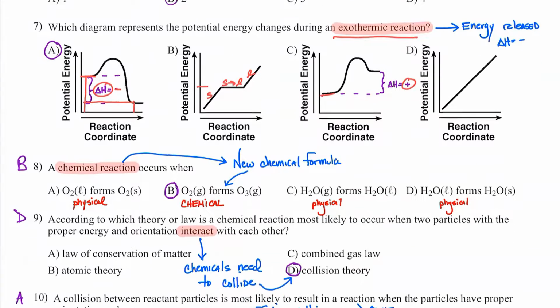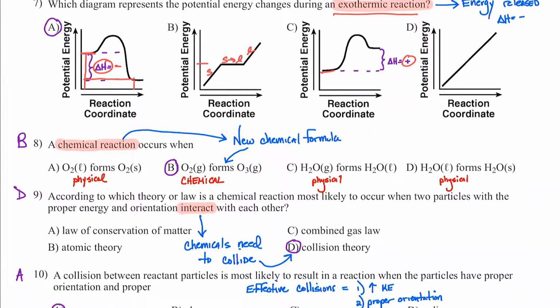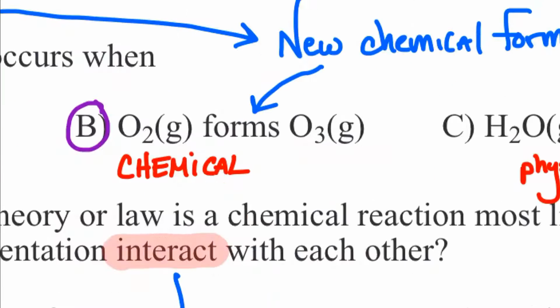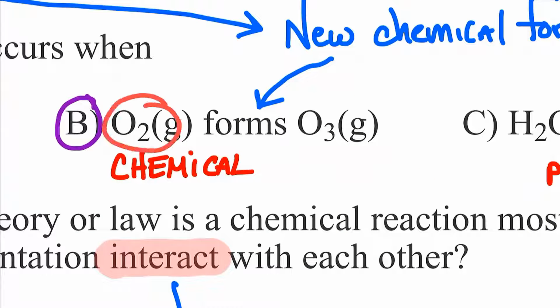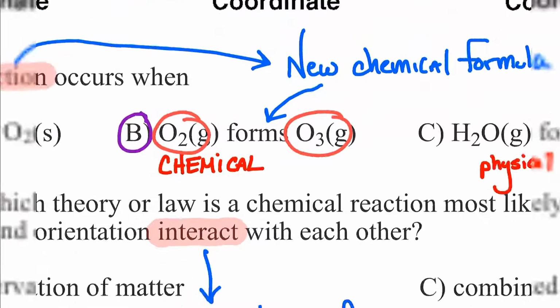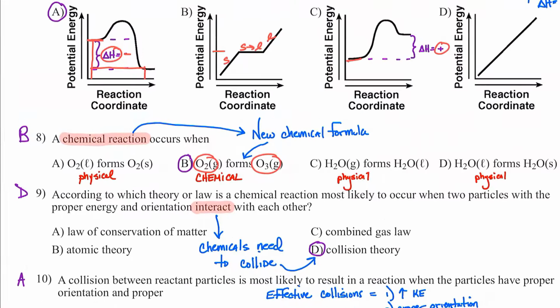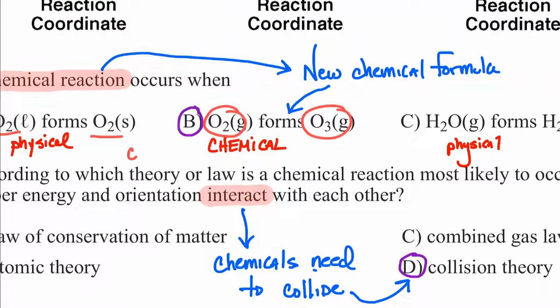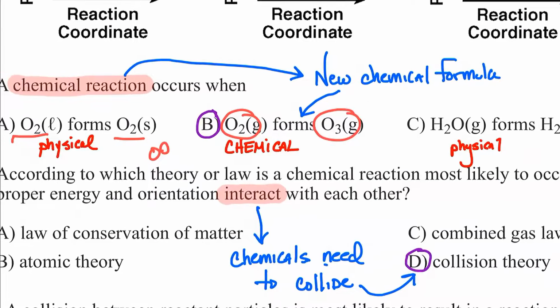Okay, number 8. A chemical reaction occurs when you have a change in the chemical formula. The only change in the chemical formula is B. Everybody else, my friends in chemistry, has the same formula, just the phase is different. O2 liquid to O2 solid is still a particle of O bonded to O. So it's a diatomic molecule, but we're not changing that.